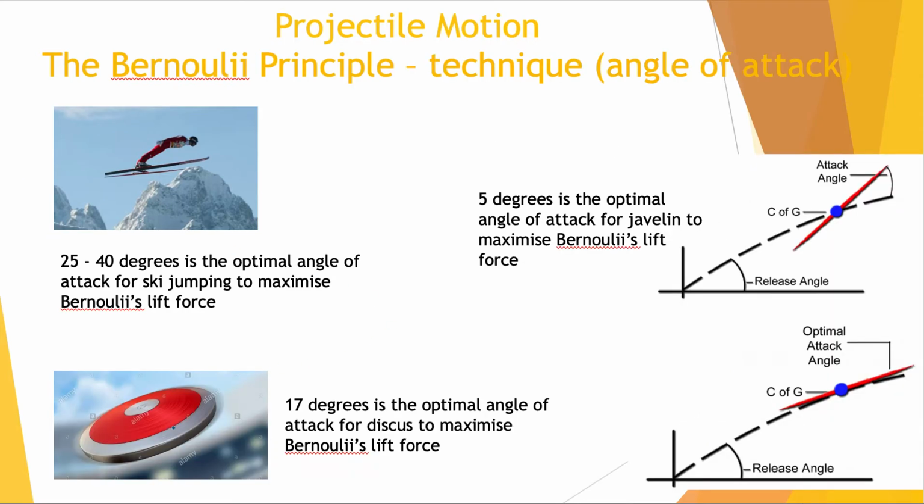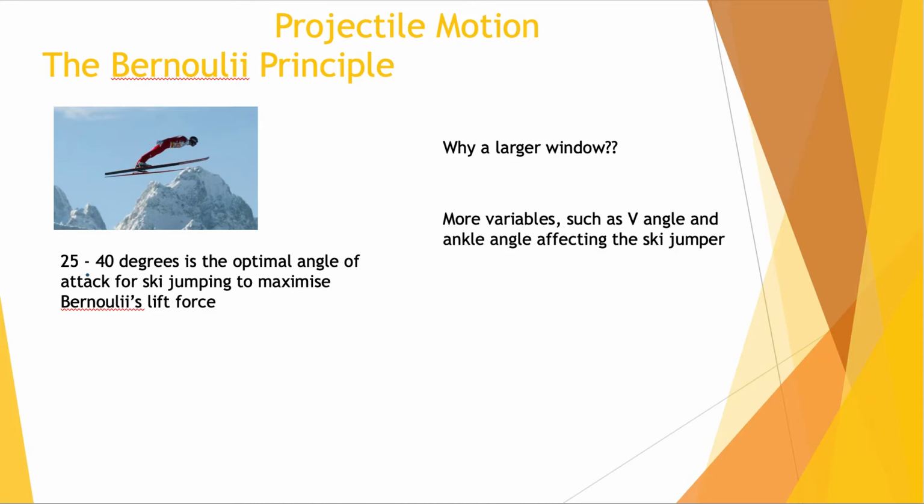Whereas obviously a discus and a javelin, they are what they are. They don't change, and so we can say with a great deal of certainty what the ideal angle of attack is, whereas with a ski jumper we've got much bigger variables. So somewhere between 25 and 40 degrees is the optimal angle of attack for a ski jumper.